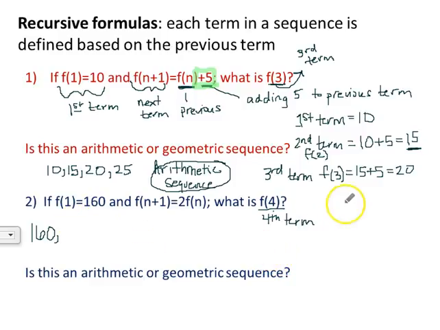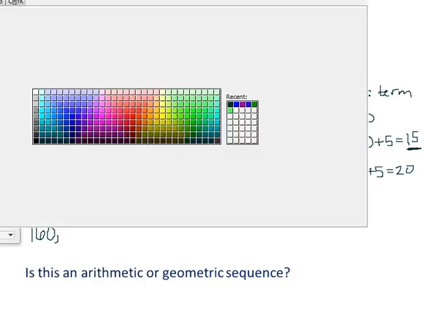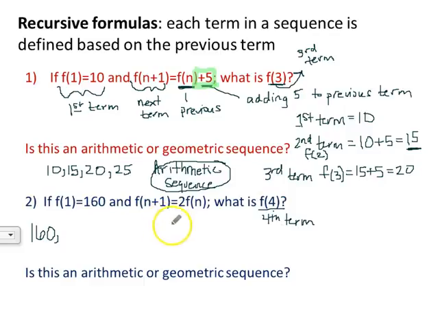So let's do our math. I'm going to change font just so we don't get confused with the old stuff. We know we're trying to find the fourth term. So to find the second term, which we say is f of 2, it says 2 times the previous term.